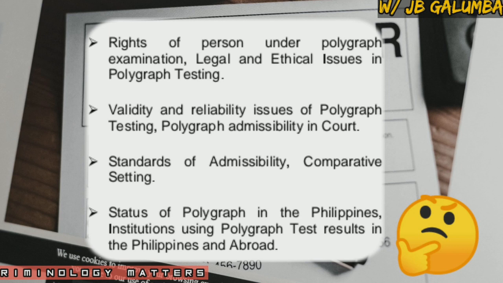Then we are going to be talking also about the validity and reliability issues of polygraph testing, polygraph admissibility in court. So we discussed some of that already. Then of course, we are going to talk also about the status of polygraph in the Philippines, and what are the institutions that use polygraph test results in the Philippines.